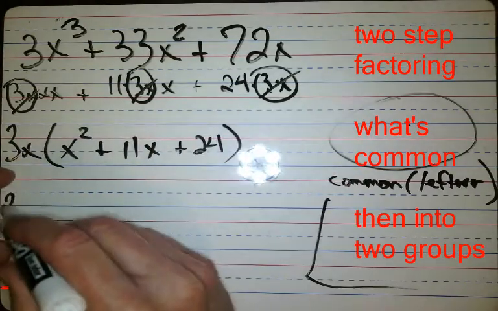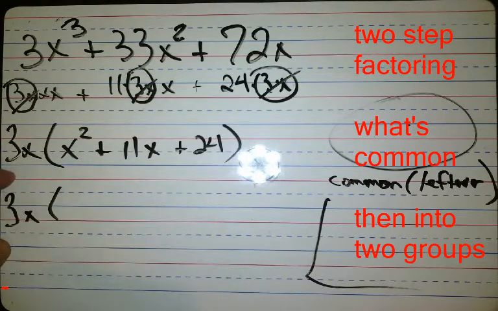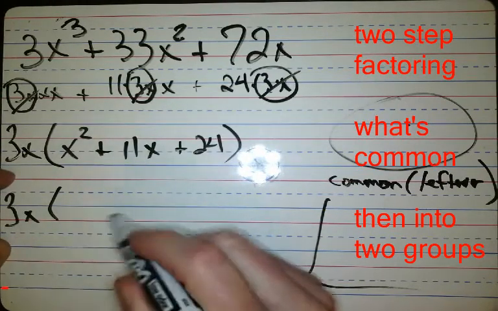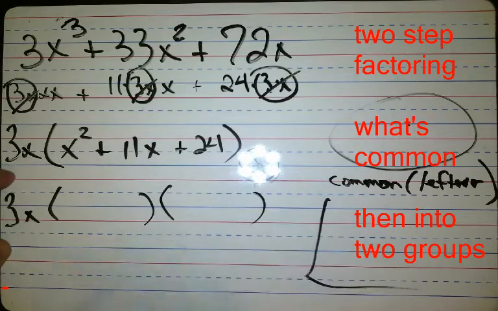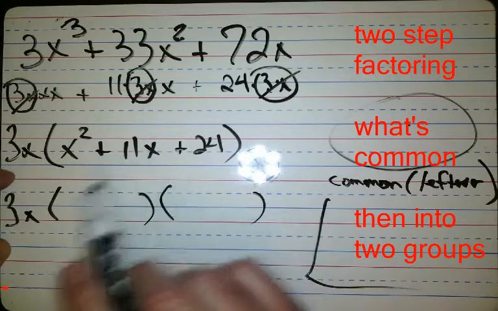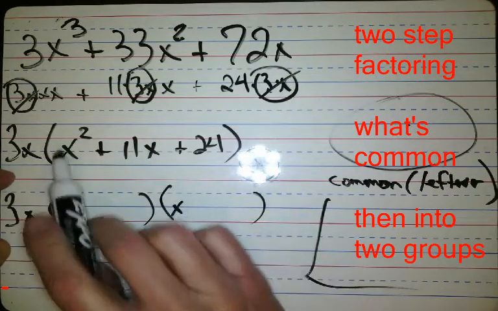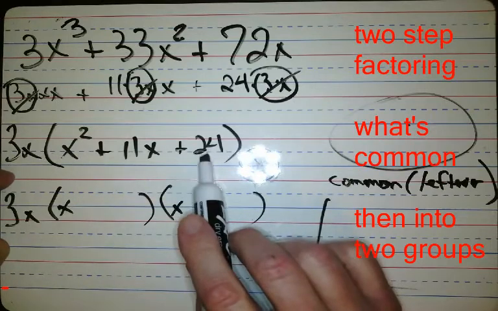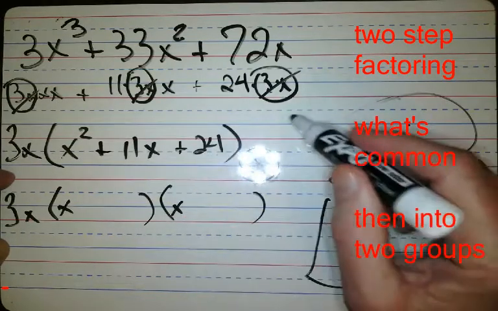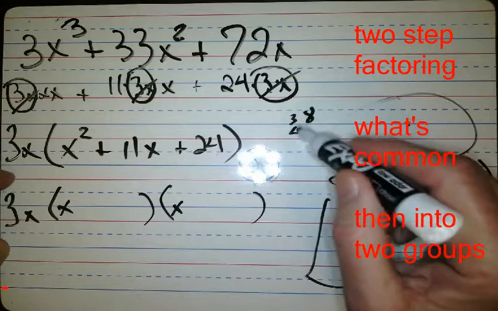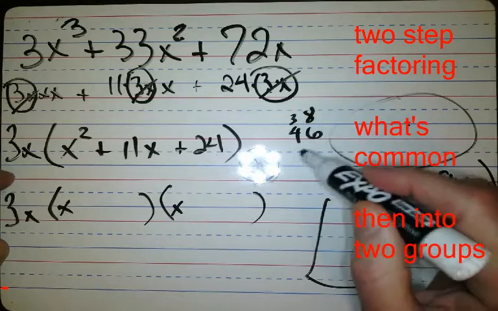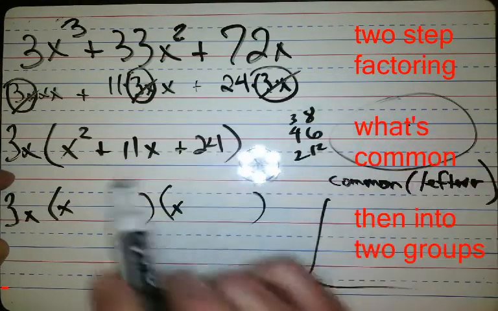Okay. So I have to keep that outside and then break this down into its two groups, right? So we know x and x, that's not bad. What about 24? Well, 3 and 8, or 4 and 6, or 2 and 12, right?